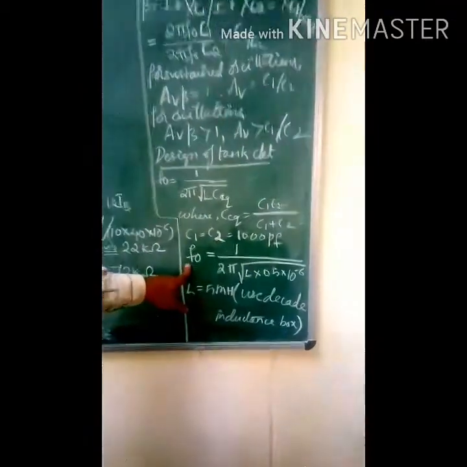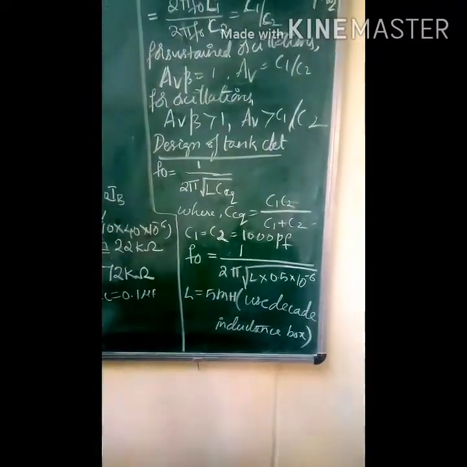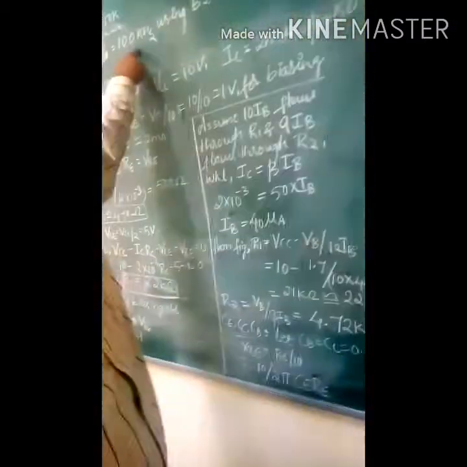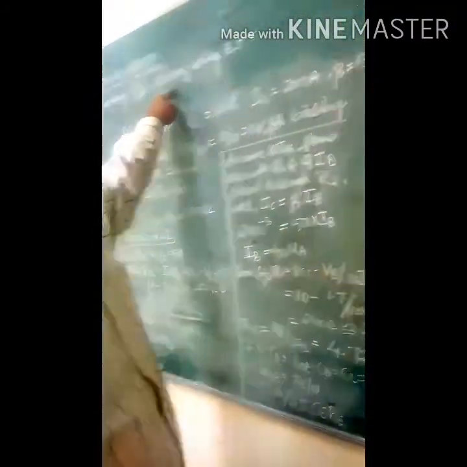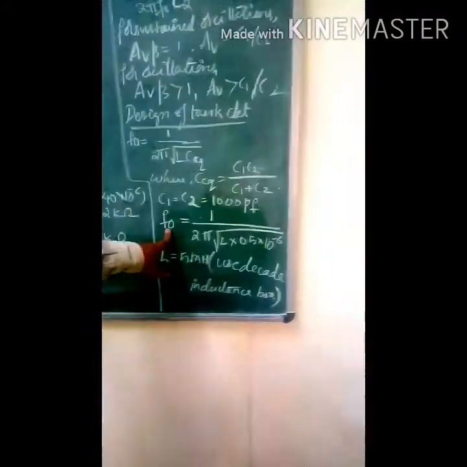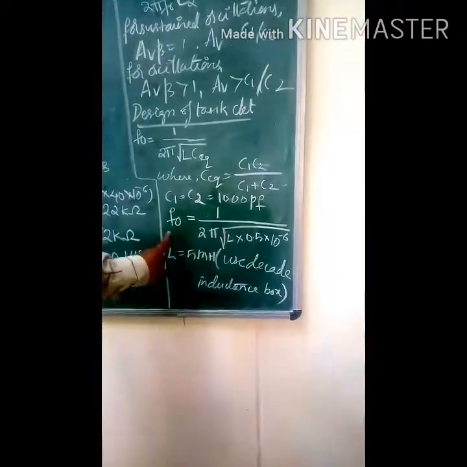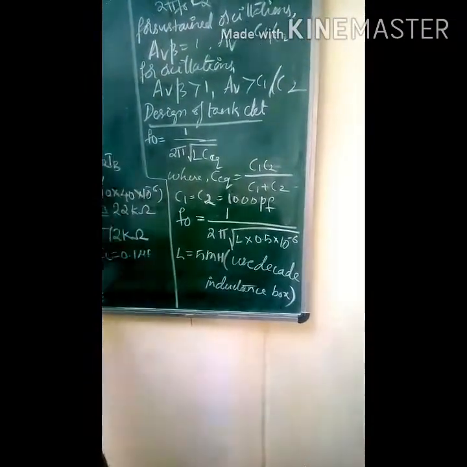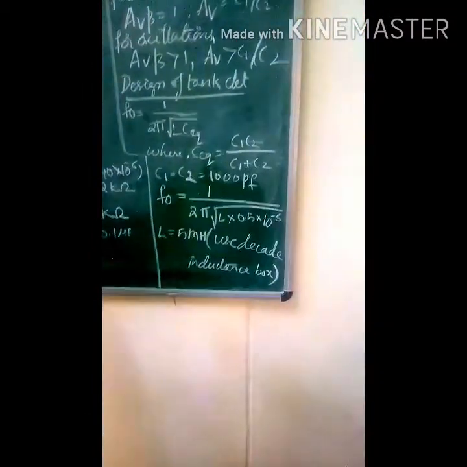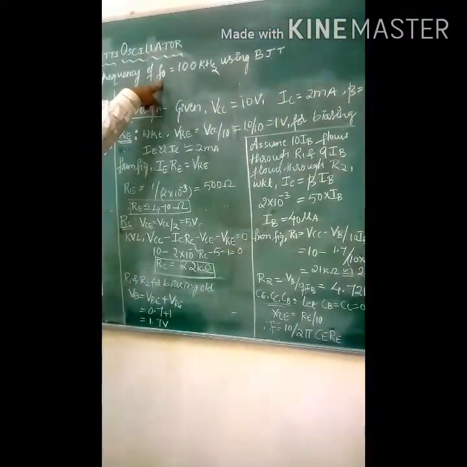So for F0 of 100 kilohertz, you just substitute in these and you will get the value of L. So we have designed an oscillator where F0 equal to 100 kilohertz is produced using BJT.